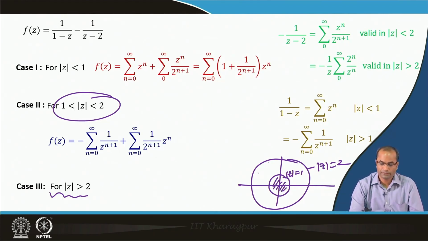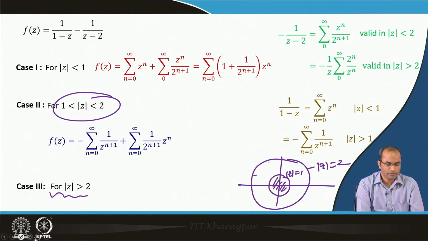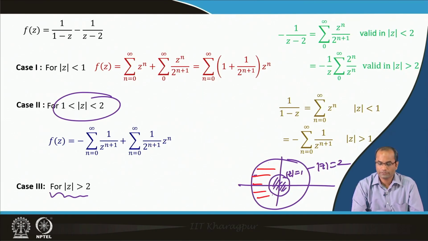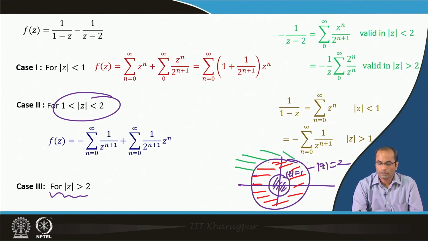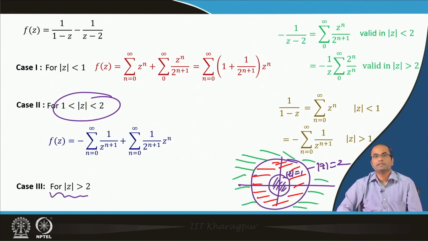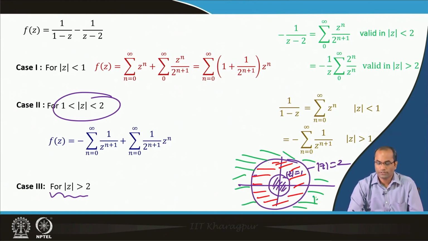We have seen what kind of expansion we are going to have in this region, and now we will see what kind of expansion we expect outside of this disk here, that is mod z greater than 2.